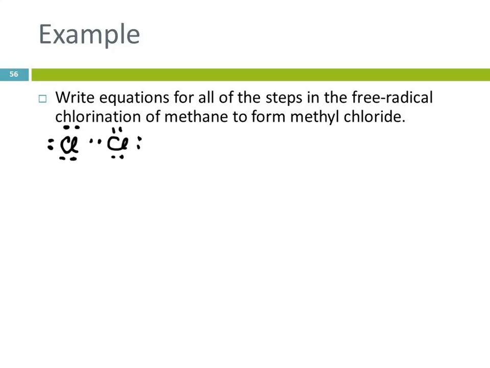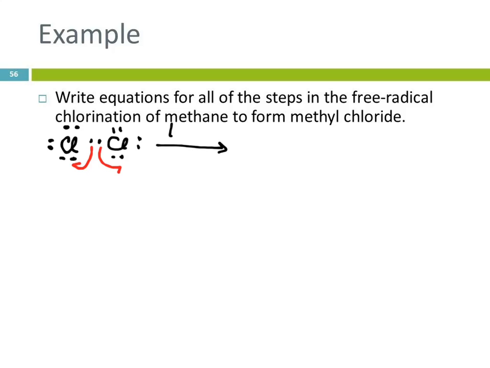Carbon-hydrogen bonds are stronger than the chlorine-chlorine bond, and so it's the chlorine-chlorine bond that ends up breaking. So one of these electrons goes there and one goes there. And that doesn't happen spontaneously.